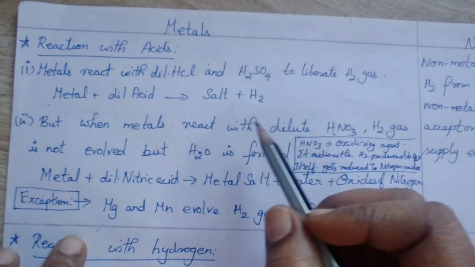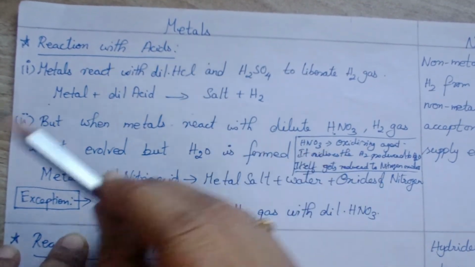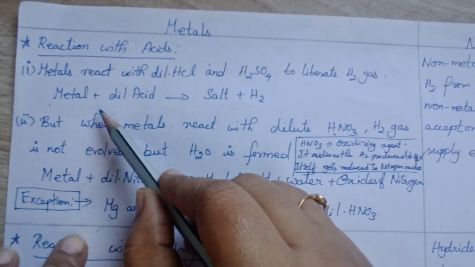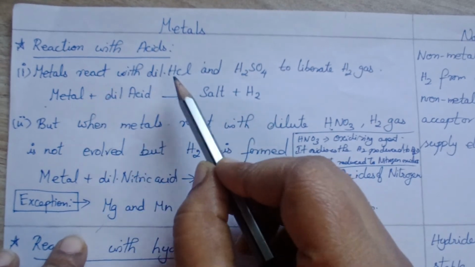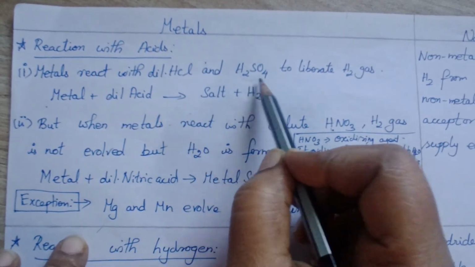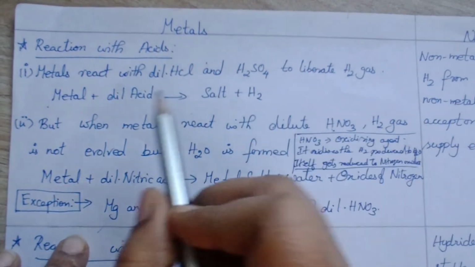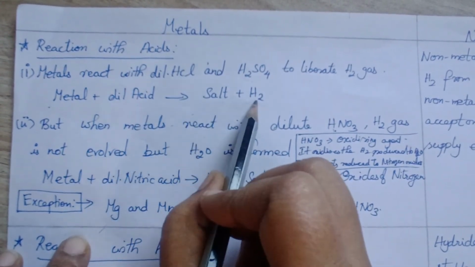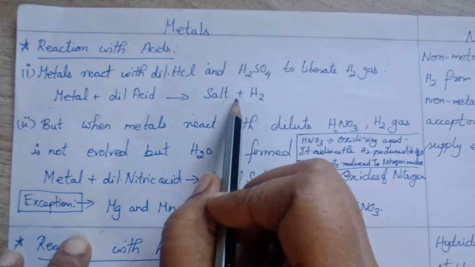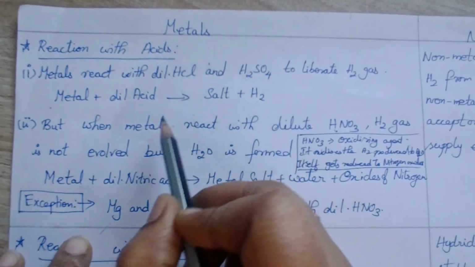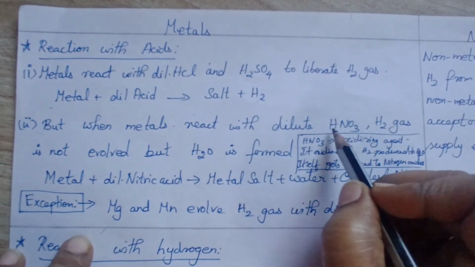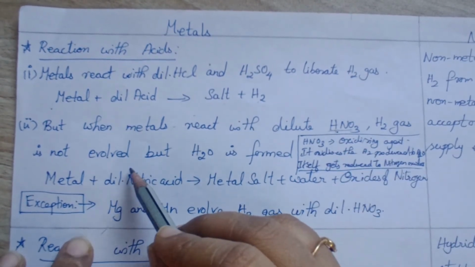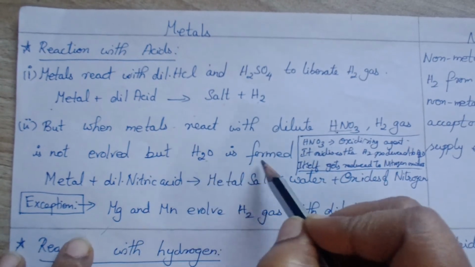Then, reaction of metals with acids. We have studied this in the last chapter itself. Metals react with dilute hydrochloric acid and sulfuric acid to liberate hydrogen gas. That is, metal plus acid gives salt plus hydrogen gas. But with dilute nitric acid, hydrogen gas is not evolved; instead, water is formed.